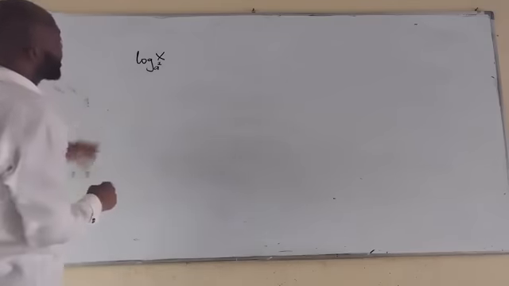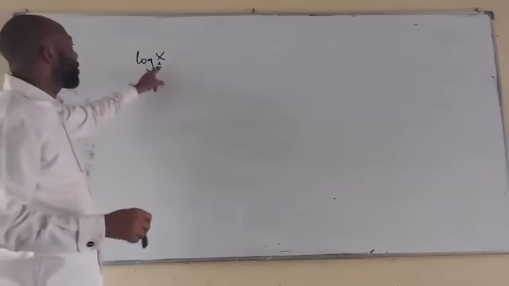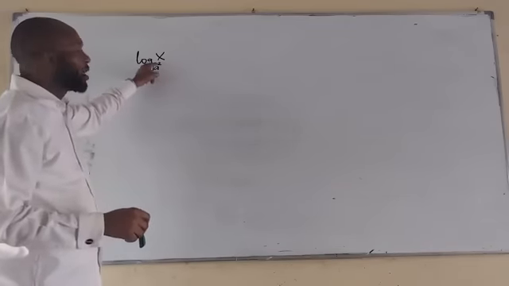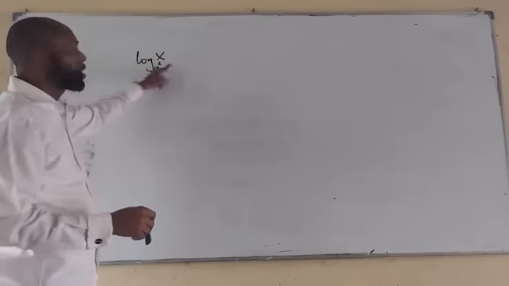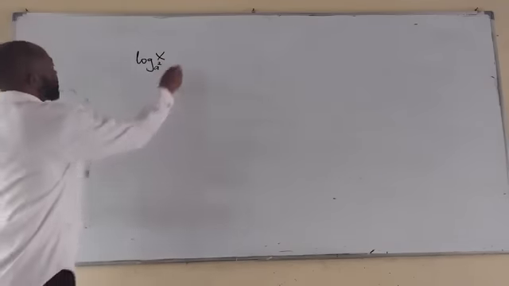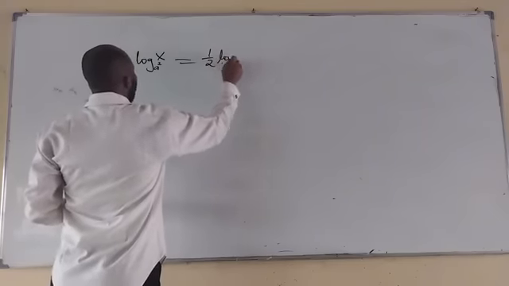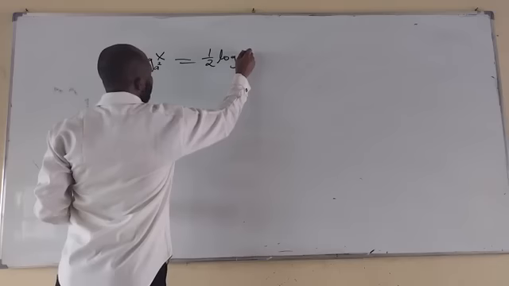We say when it is the base that has the power, the reciprocal of that power of the base is used to multiply the log. And the reciprocal of 2 is 1 over 2. So this becomes 1 over 2 log x base a.